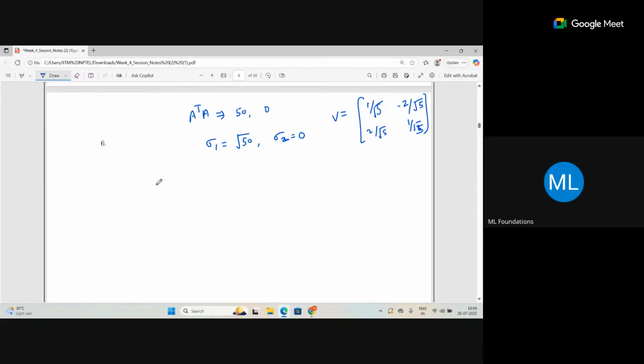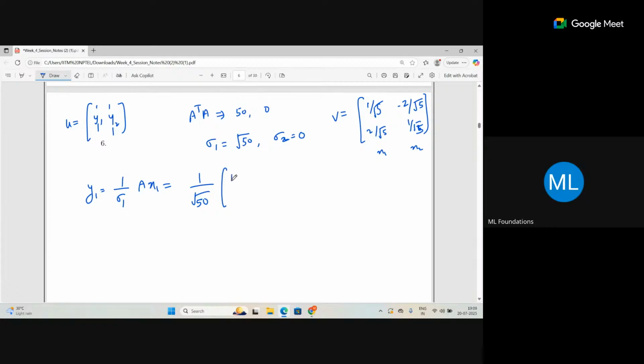Let's say U is y1 and y2. These are the two vectors. So y1 will be 1 upon sigma 1 times A times x1. Let's say this is x1 and this is x2. So 1 upon sigma 1 is 1 upon root 50.